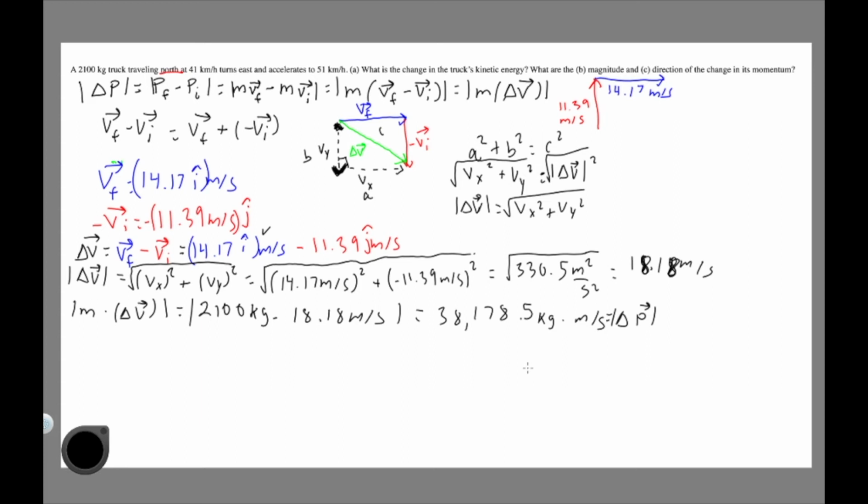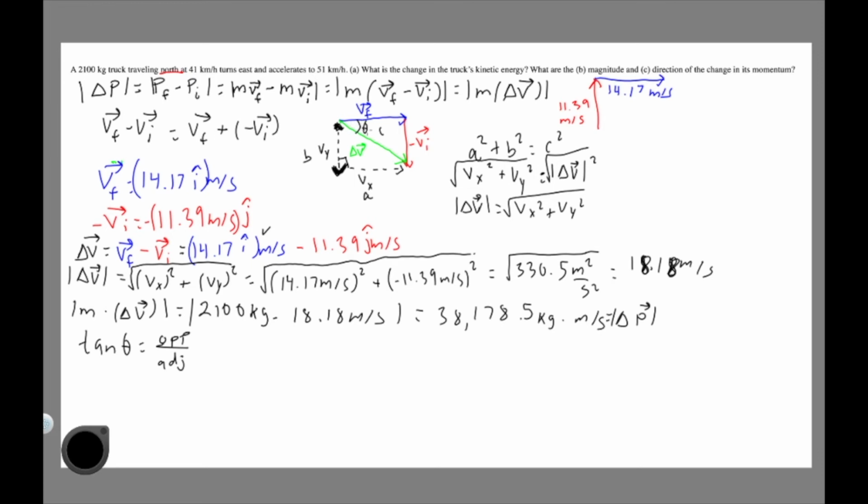So we know that tangent of theta equals opposite over adjacent. Right? So let's call this angle right here theta.